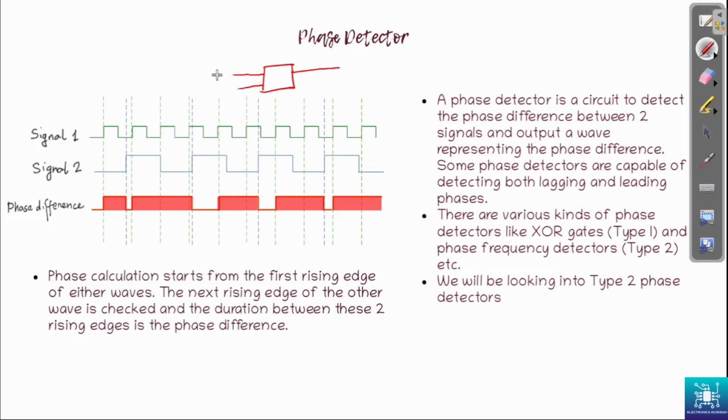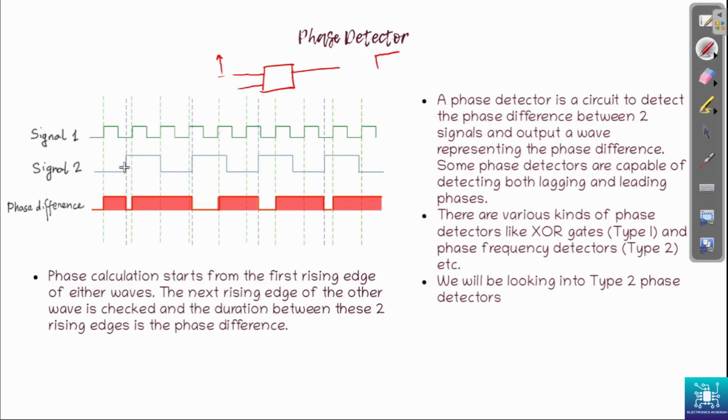Now whichever signal goes up first, for example in this case, say signal 1 has gone from 0 to 1 first. As we can see, this one has gone up after this one, so this is leading. The moment this happens, there is a rising edge in the output, and it stays until the rising edge for the other signal comes up.